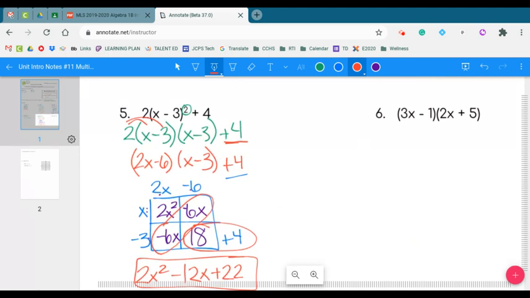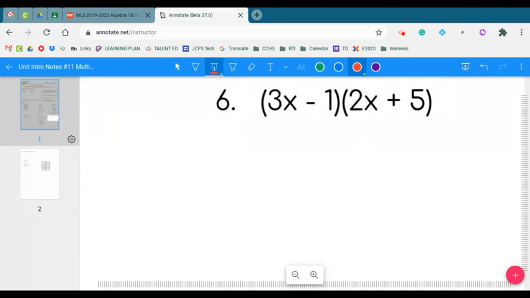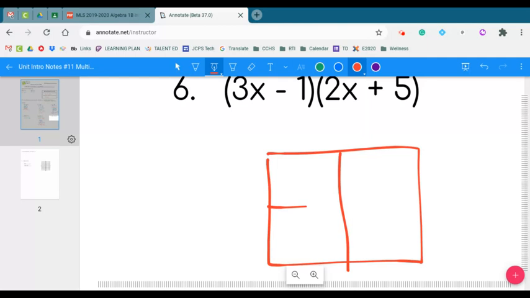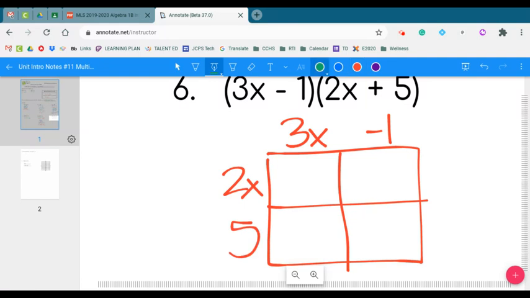Okay, next problem. We have 3x minus 1 times 2x plus 5. So I'm just going to create my box. It's going to be a 2 by 2. 3x minus 1 and 2x plus 5. 3x times 2x is going to give me 6x squared.